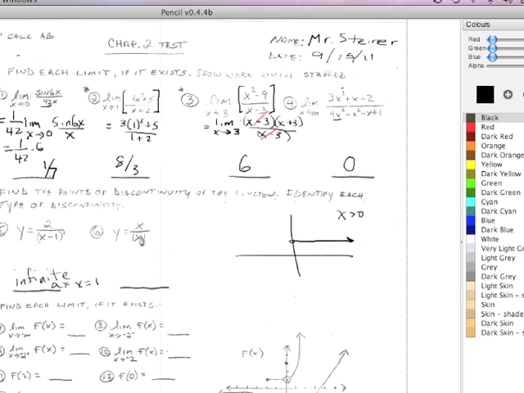Think of a number like 4: 4 divided by the absolute value of 4 is 1. But when x is less than 0, for example minus 4, we have negative 4 over the absolute value of negative 4, which is 4, so minus 1. So this is a jump discontinuity at x equals 0.